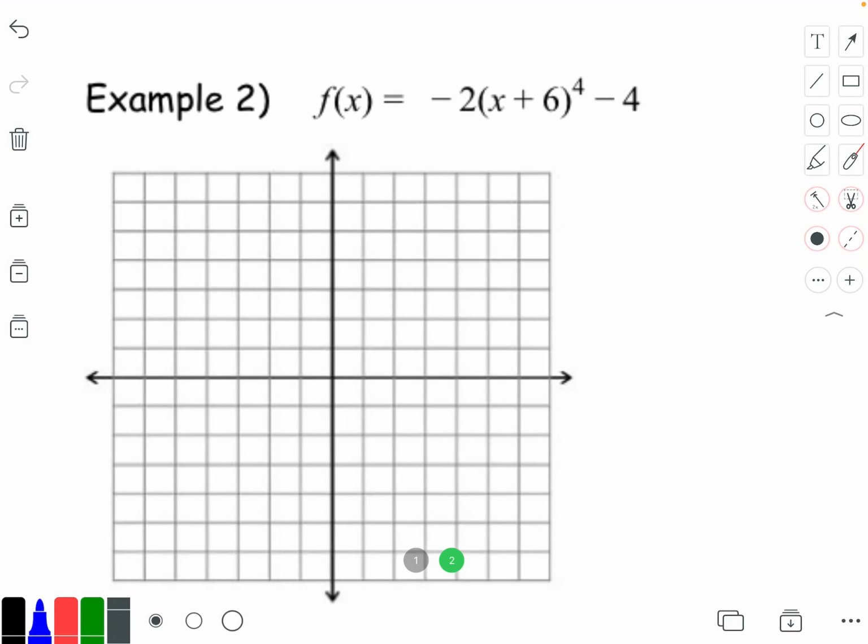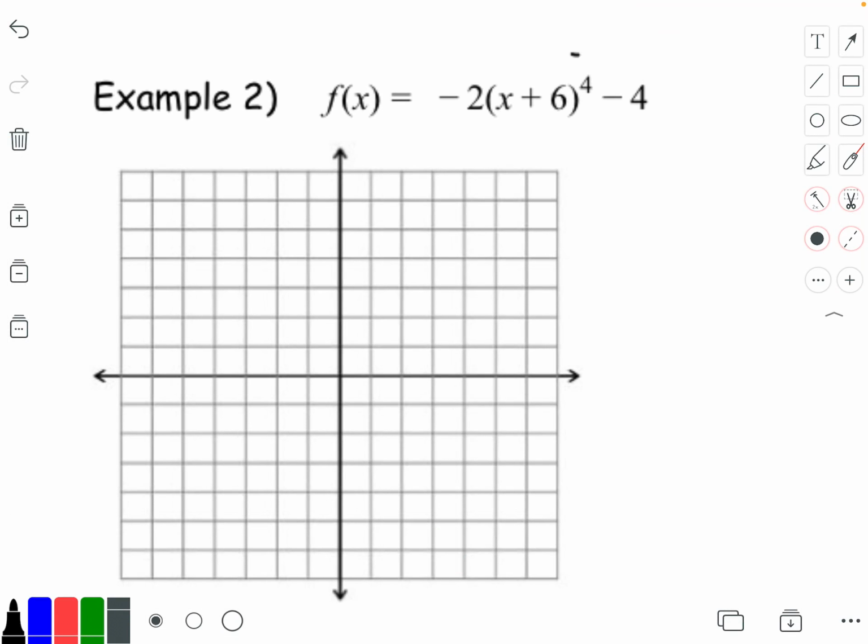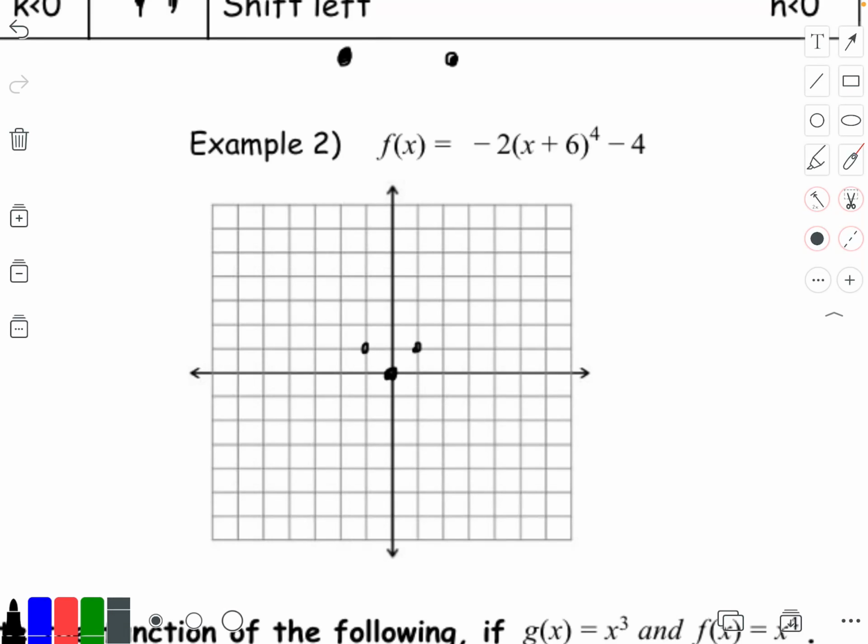Same thing here. So what I'm going to do is plot the points that I know are in my quartic. This is a quartic function, my quartic. And I'm going to take each point and move it to the left 6 spaces. So 1, 2, 3, 4, 5, 6 right here.